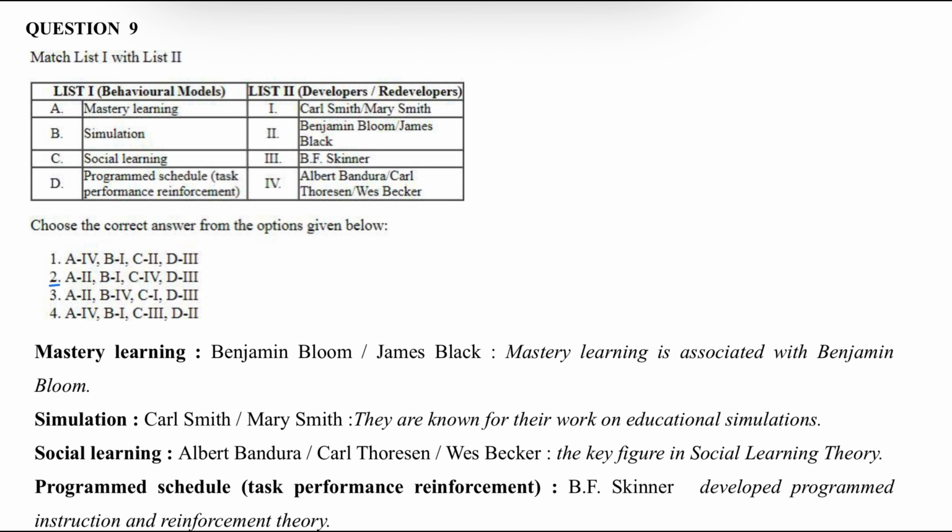Next question. Match list 1 with list 2. So list 1 shows behavioral models, list 2 developers or proponents. So mastery learning, simulation, social learning, programmed schedule is in list 1, that is behavioral models.